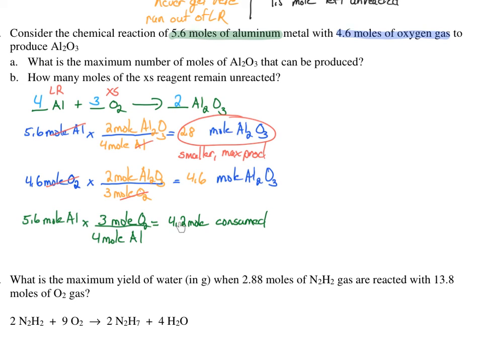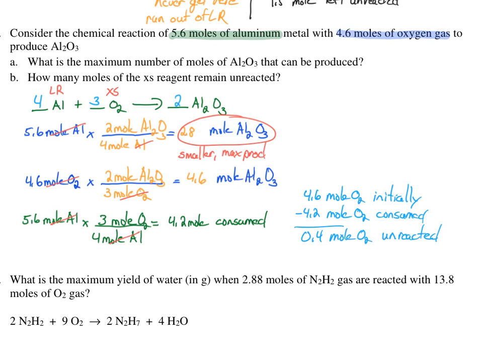All right, so we've calculated how many moles of oxygen has been consumed by using the appropriate mole-to-mole ratio, starting with our limiting reagent. We've calculated we had 4.2 moles of oxygen consumed. We started with 4.6 moles, so the subtraction shows that we have 0.4 moles of O2 that remains unreacted.